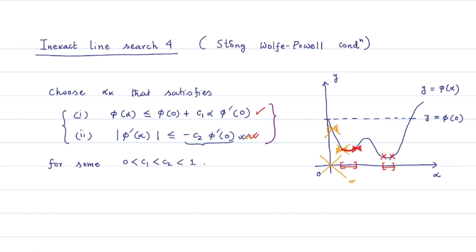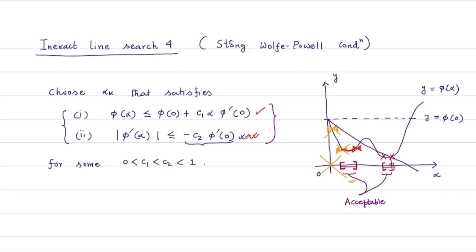So here, if we suppose the line given by the first condition is this line, then the set of all points which satisfy both of these conditions are from here to here and from here to this point. So the union of these two regions gives the alpha values which are acceptable points satisfying these strong Wolfe-Powell conditions.